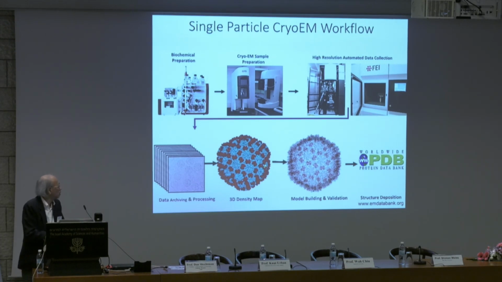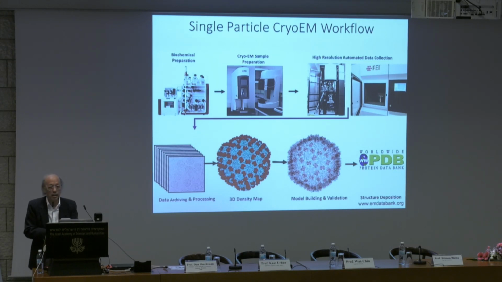From this map, if the resolution is good enough, we can build a model of individual molecules. Once this model is done, we now have very rigorous procedures to validate how correct the model is, and subsequently all the published structures are deposited in the Protein Data Bank and the Electron Microscopy Data Bank.